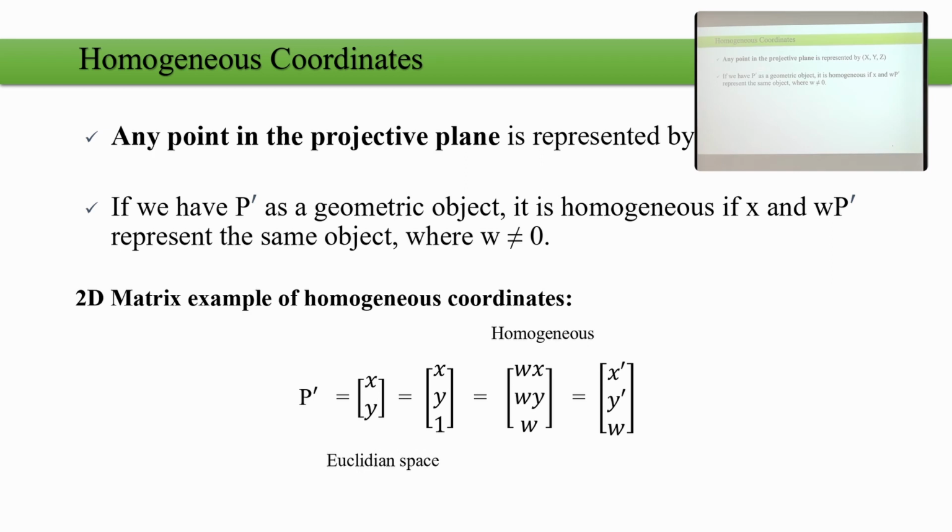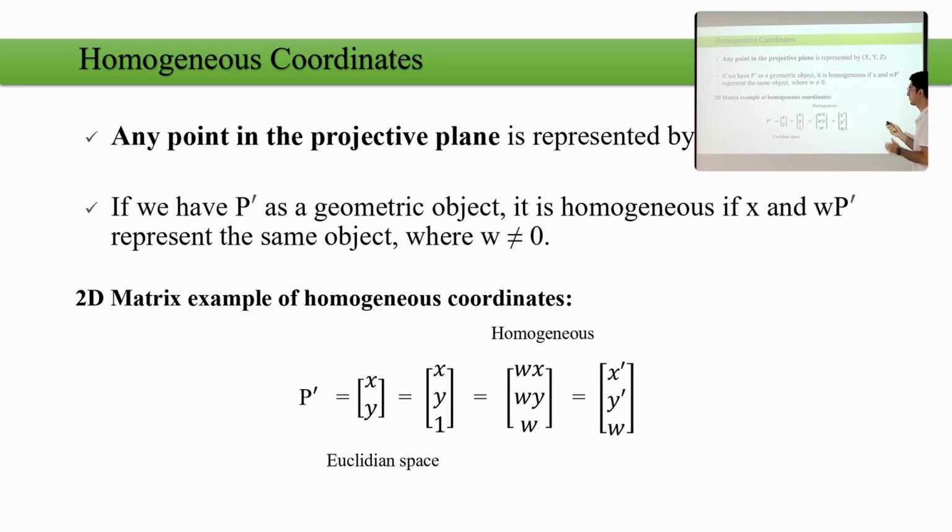So let's have a look. If we have any point in the projective plane that we can represent by x, y, z, and we have p prime as a geometric object, we can say it is representing the same 3D point in 3D homogeneous coordinates on the system where w is not 0.